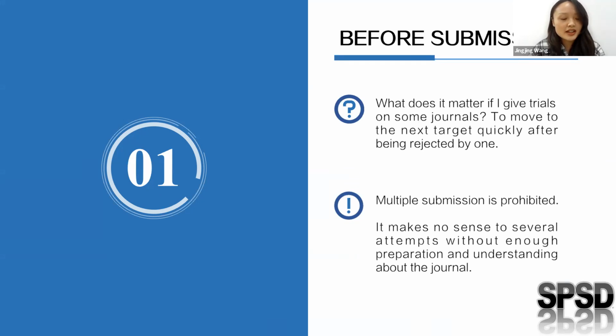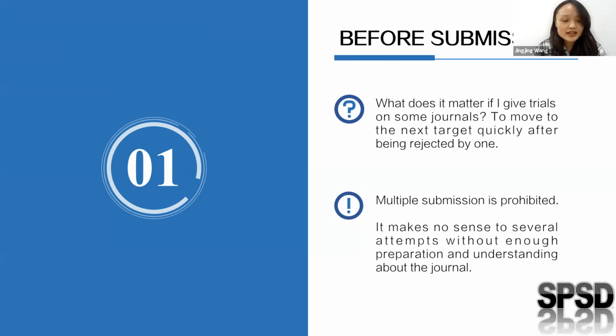I'm not saying it is not correct to find several targeted journals, but one most important thing is multiple submission is prohibited. I think you should already know this. If you don't, please go to Google it after this lecture, okay?